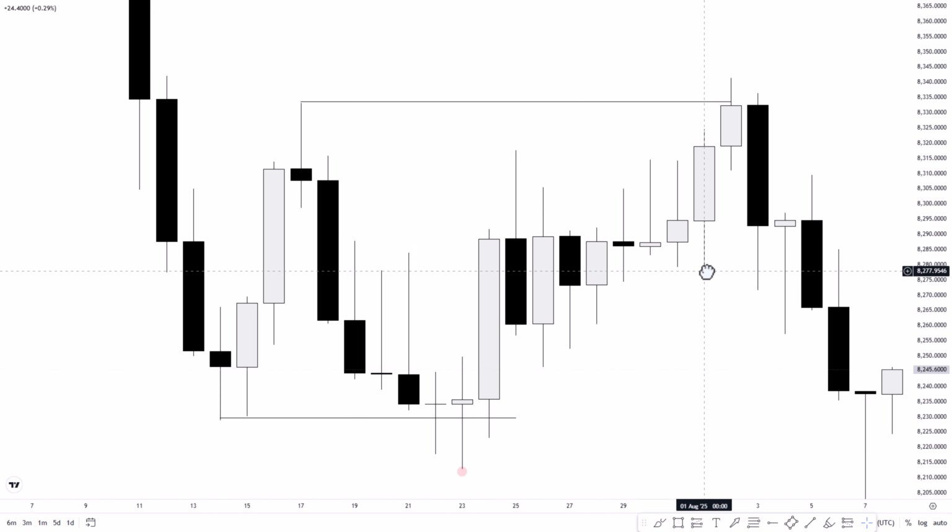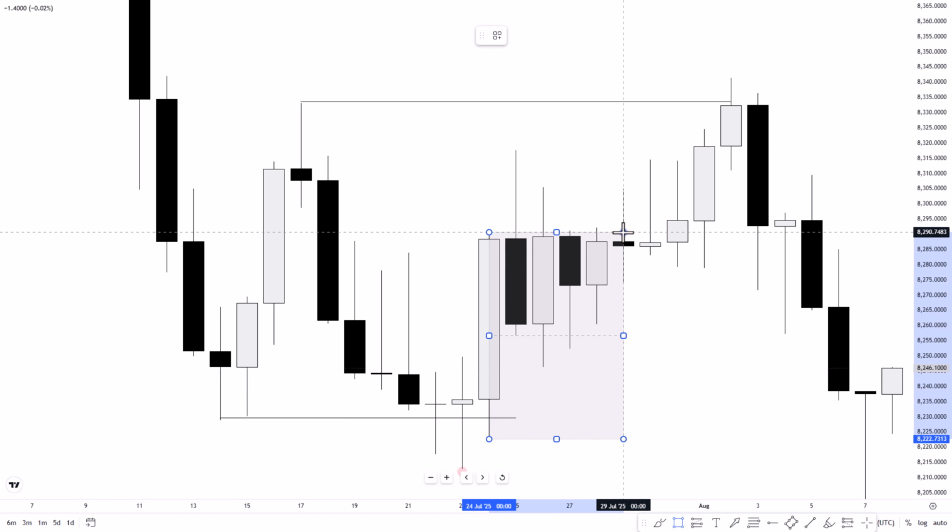But look at what happened. Price opened and went bullish. Price refused to come into the midpoint of day 3. If you mark here, you see that price refused to come into the midpoint of day 3.